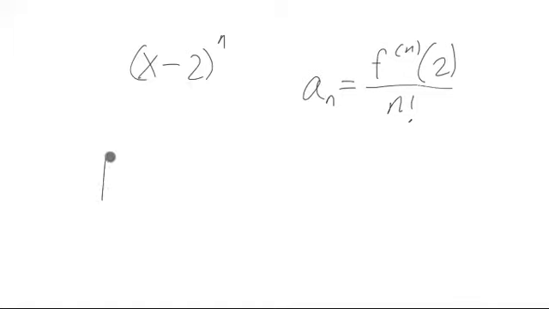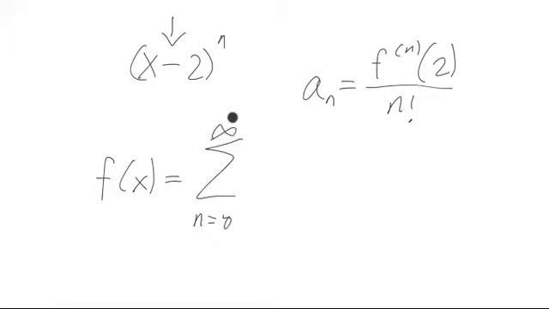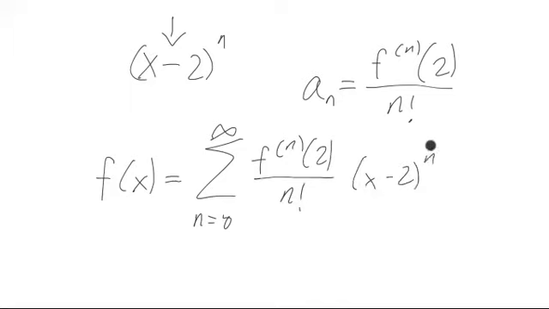So if we want to find a power series for f of x that's centered at 2, hence this x minus 2, then what we would do is write the following: the sum from n equals 0 to infinity of f^(n)(2) over n factorial, times (x minus 2) to the n. This is the power series representation.